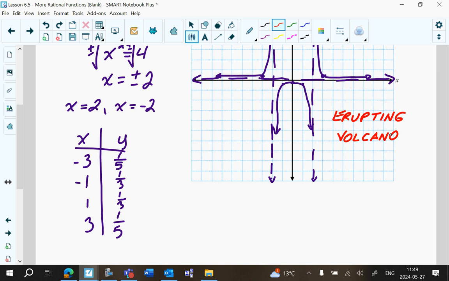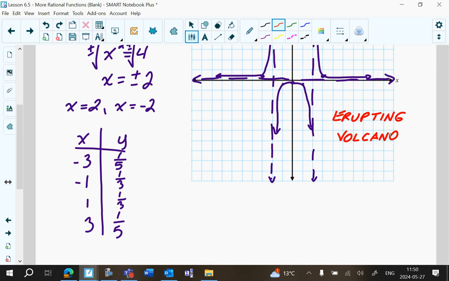Call it whatever you want. Call it a double curve upside down parabola. I've been calling it this for like 30 years. I don't care. Anyway. All right.